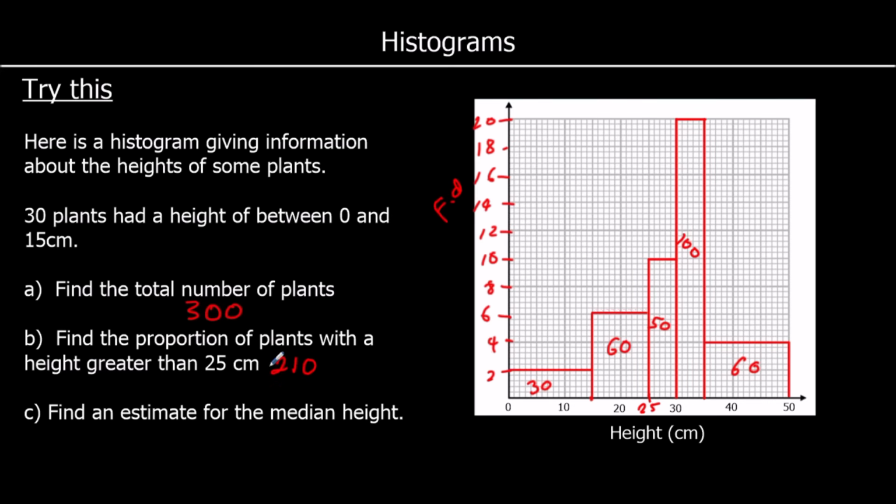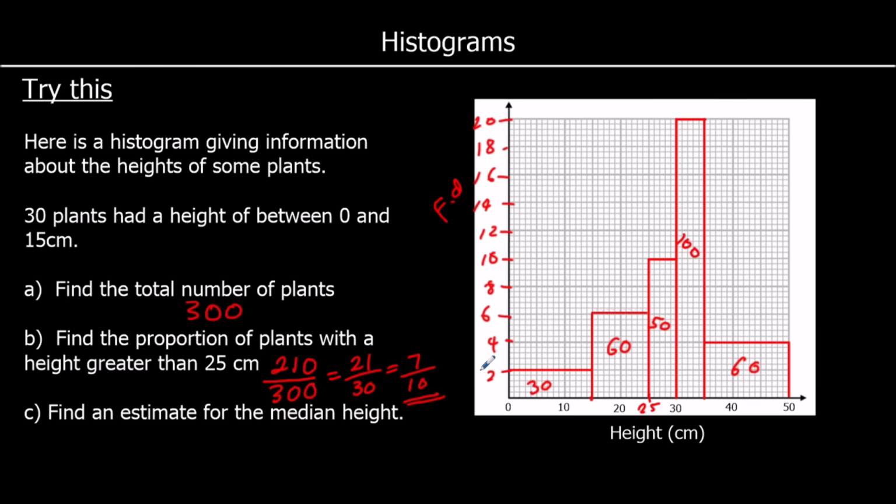So it's 210 had a height greater out of 300 in total. So we could simplify that fraction. We could say it's 21 out of 30 or 7/10. So 7/10 or 70%. Either way, something equivalent to 7/10 is the correct answer.